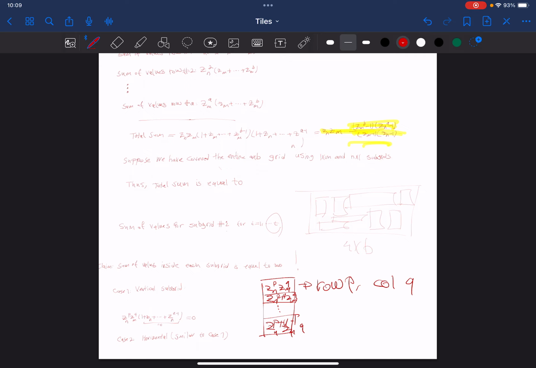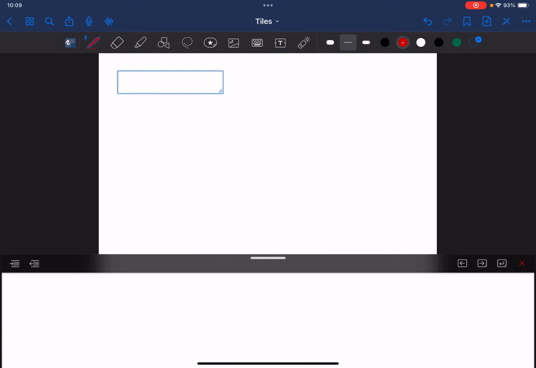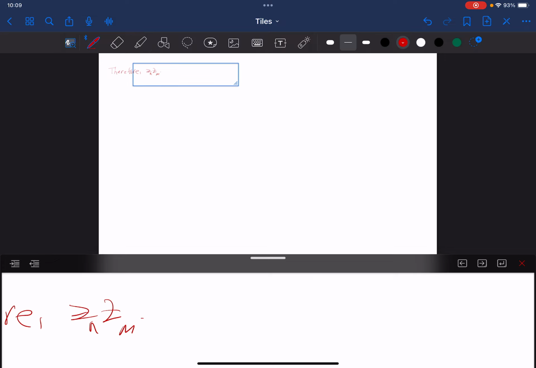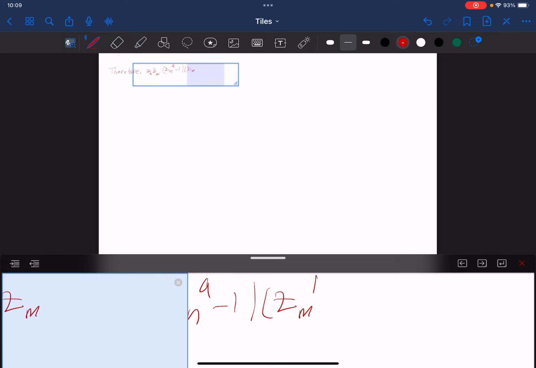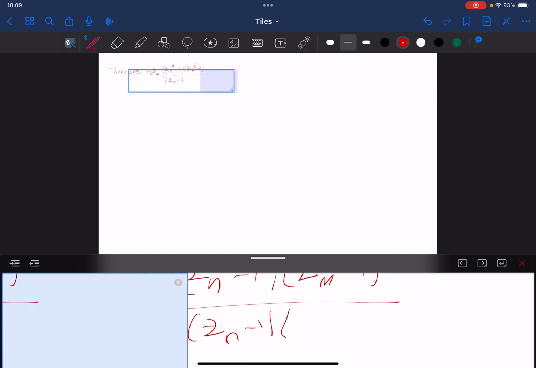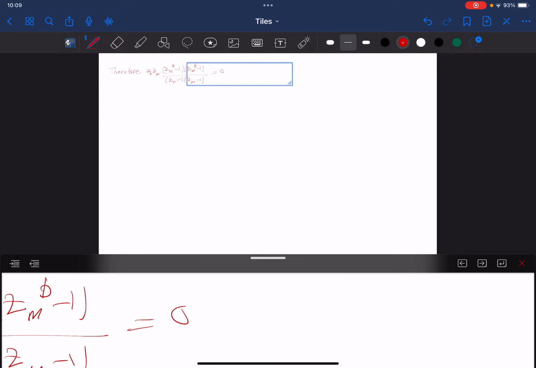So what's the conclusion? The conclusion is that the sum we have calculated here must also be 0. Therefore, Zn times Zm times Zn to the power a minus 1 times Zm to the power b minus 1 divided by Zn minus 1, Zm minus 1 is equal to 0.